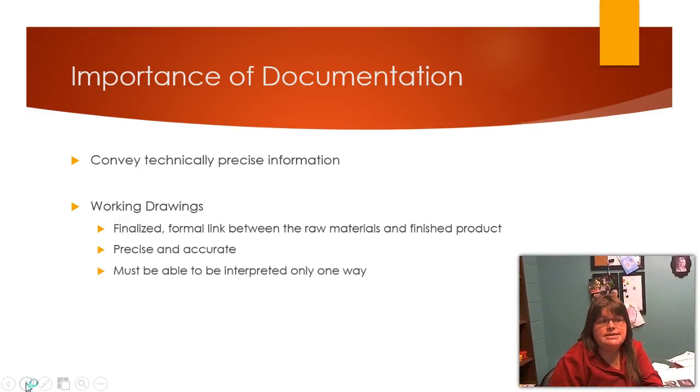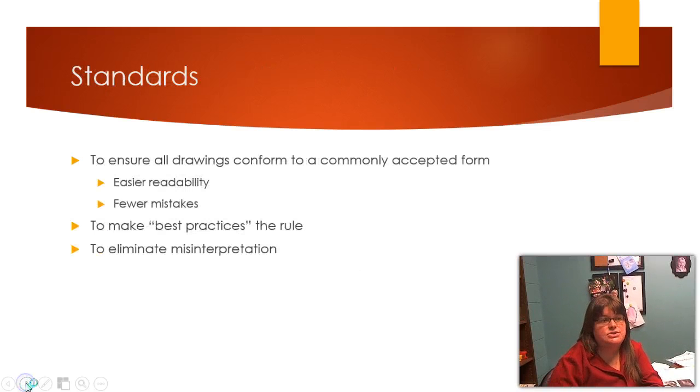So working drawings are a finalized formal link between those raw materials that you might have coming in and the finished product. If it needs painted, if it needs welded, if it needs cut to a certain dimension, we're going to have all of that information on there. They're precise and they're accurate. And again, we don't want anybody to assume, so they only need to be interpreted one and only one way. So very important when you're doing these drawings.